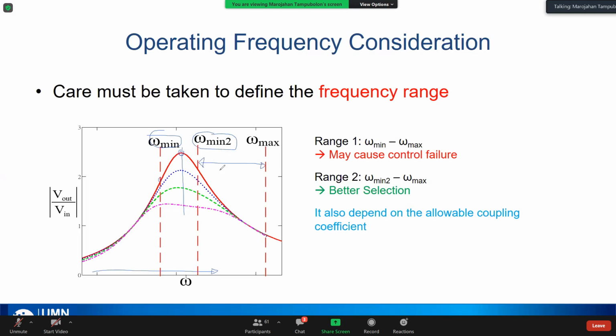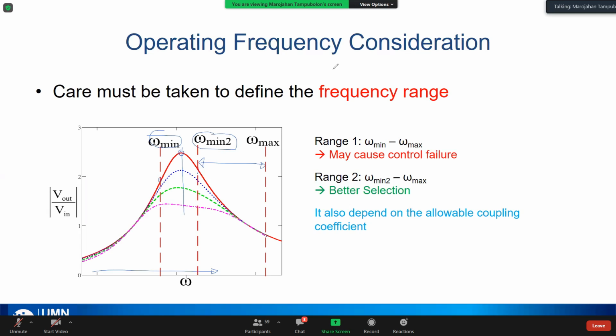As we can see here, this is on one side, so if we decrease the switching frequency, the voltage obviously will decrease. So the controller will not send the wrong command to the system. So that's about the switching frequency selection here.